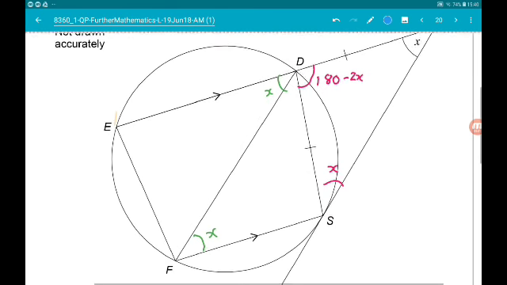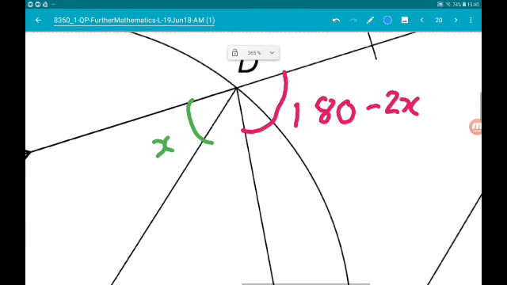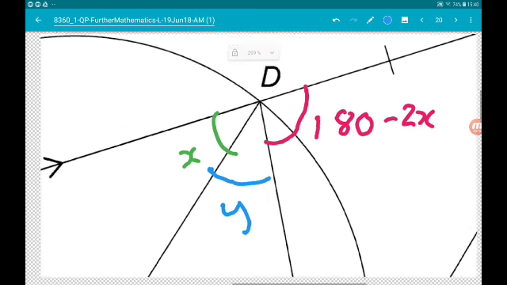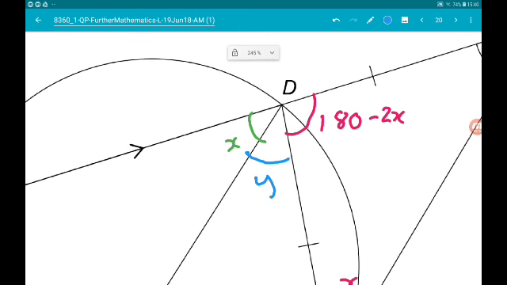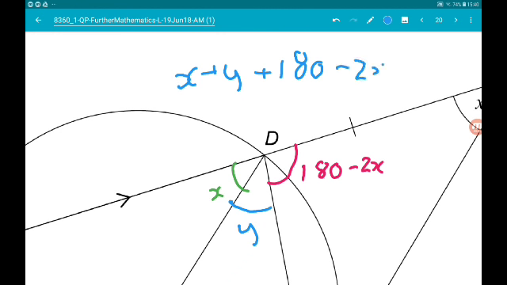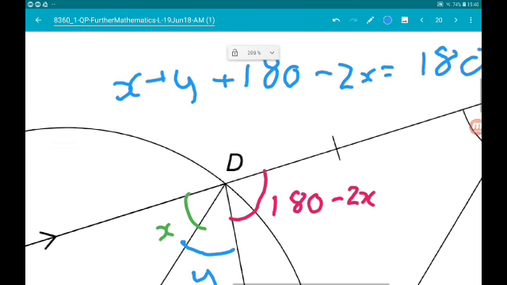Okay, so the next thing that I can see that might help us is that we can work out this angle in here. So for now, let's call that a y. Now we know we got three angles here now that lie on a straight line. So now we know that x add y add 180 minus 2x is equal to 180. Because angles on a straight line do that.